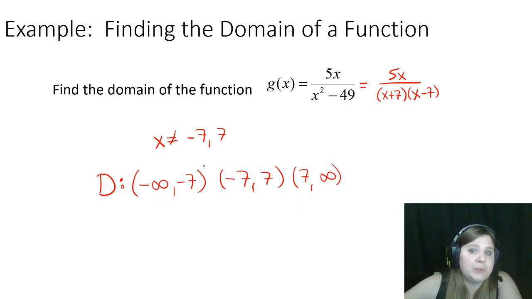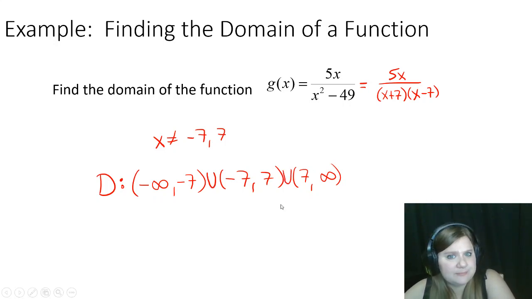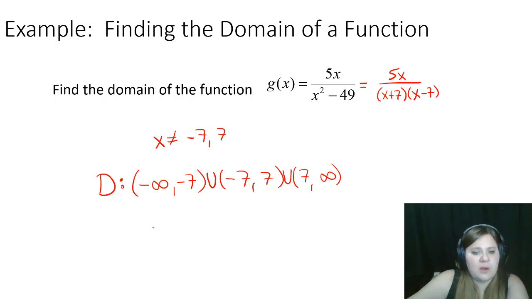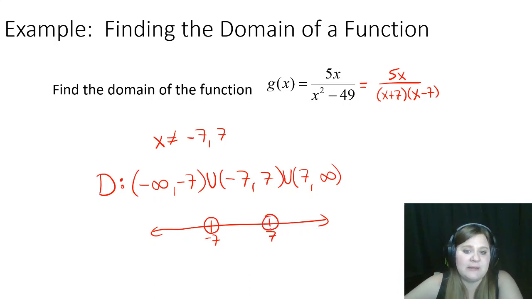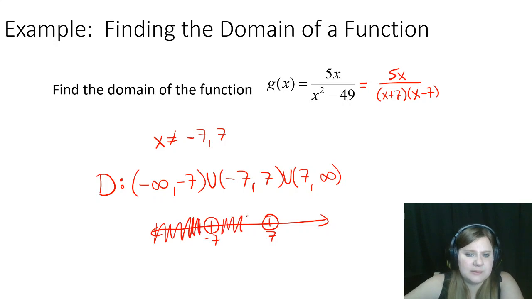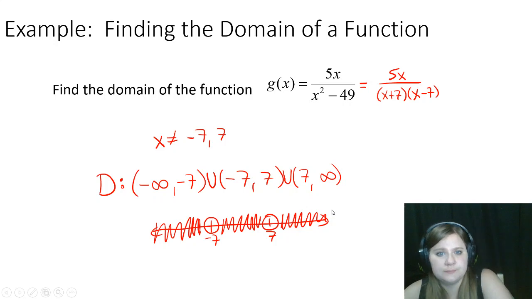Now, because I have multiple intervals, I need to go back and add what's called a union symbol in between them. So this is a key thing, okay? If you aren't sure how to write it, remember that if you look at a number line and you were to plot x could not be negative 7 with an open circle, and x cannot be 7 with an open circle, but it can be everywhere else, you'll see we have 3 intervals.